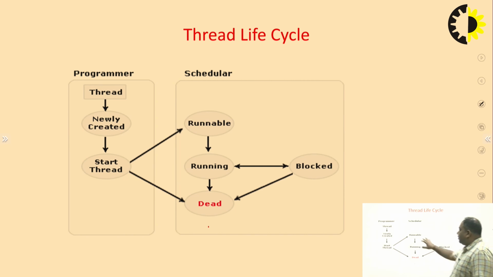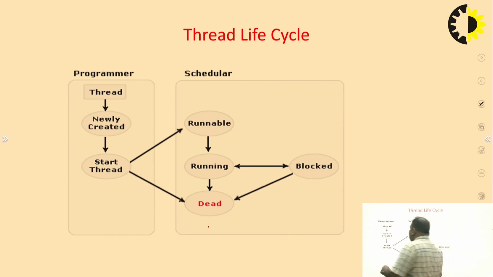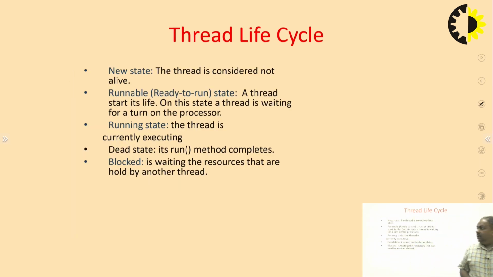So these 4 states are controlled by the scheduler, while the new or starting of a thread is dependent on the programmer. Next, what is the new state?